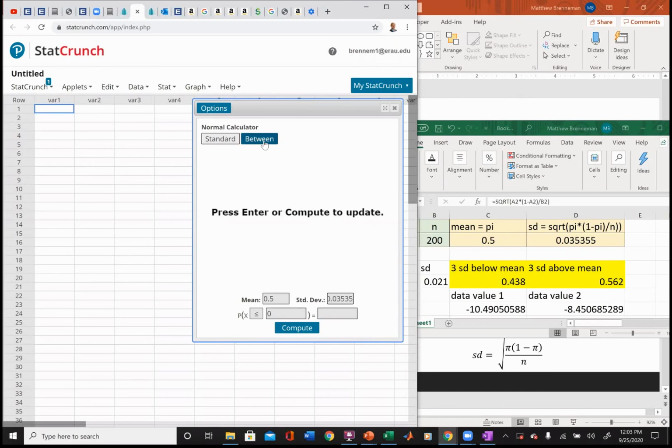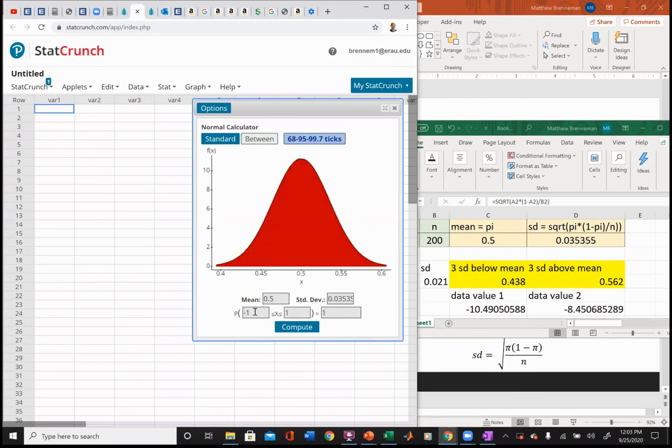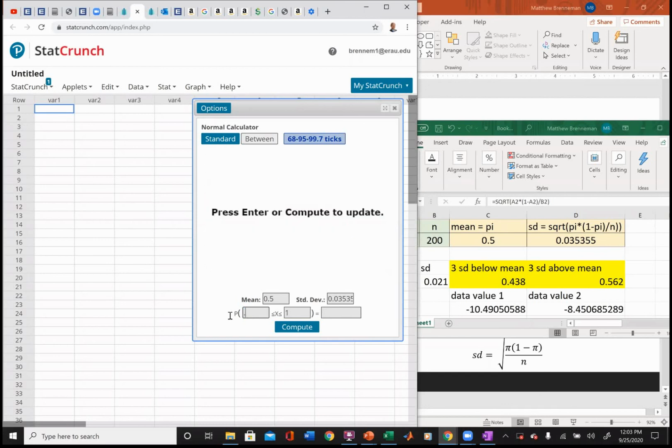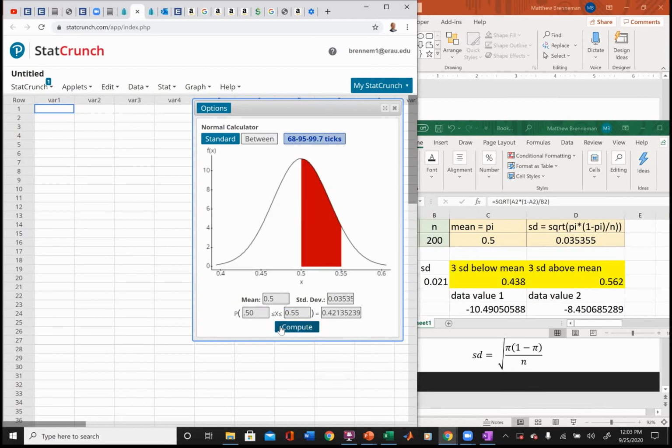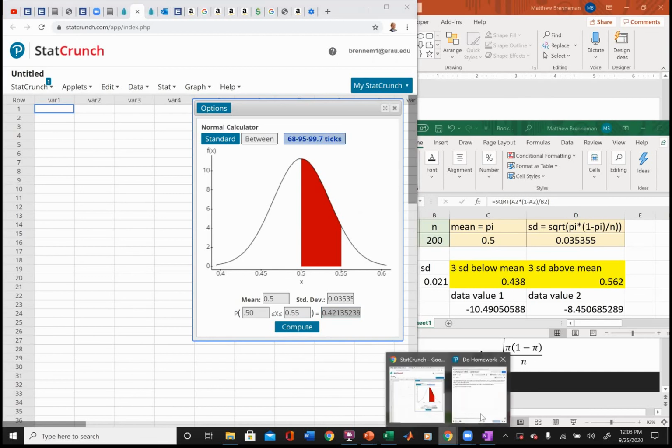And so I want to calculate the probability that I'm between 2 values, and it's 50% and 55%. And so we did these calculations back in module 4. This is just a normal distribution calculation, right? And that's my answer. And then again, StatCrunch is kind of cool because you can just copy and paste, and you're all good.